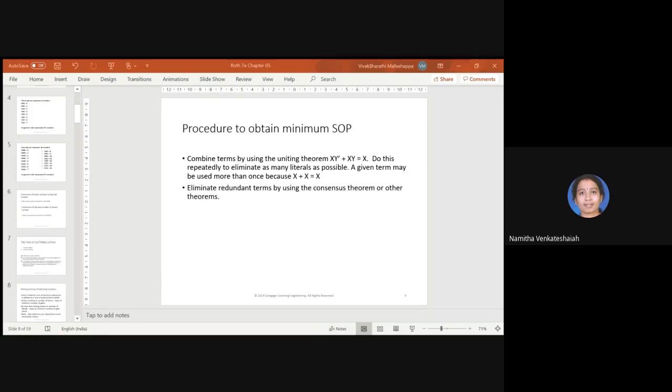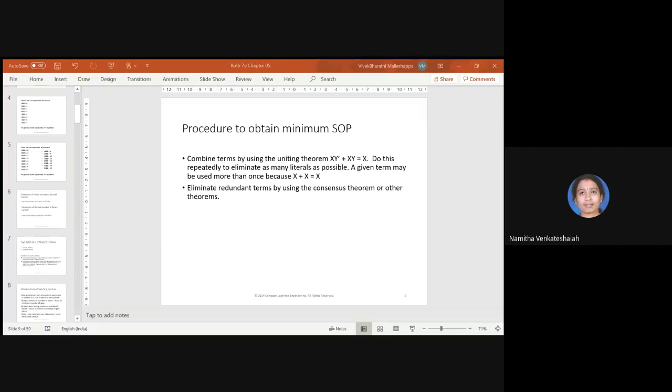So after having the equation, listen carefully, you can even write it down. After having the equation in the form of SOP, that means sum of products, or POS, that is product of sums, our next intention is minimizing the equation.